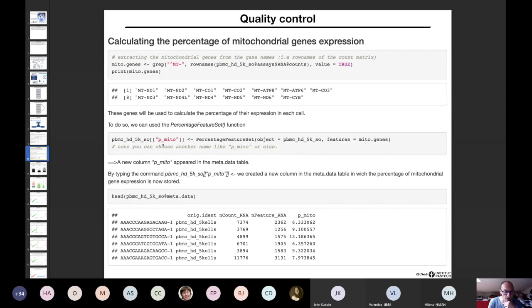By doing just this little bit of code, it directly adds, as you can see here in the metadata, a new column corresponding to the percentage of mitochondrial genes expressed in all your cells. So now we have the three variables we need to do a bit of QC. What we can do is look at the distribution of these variables in our data.